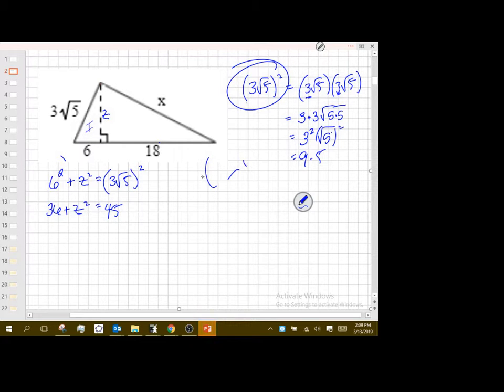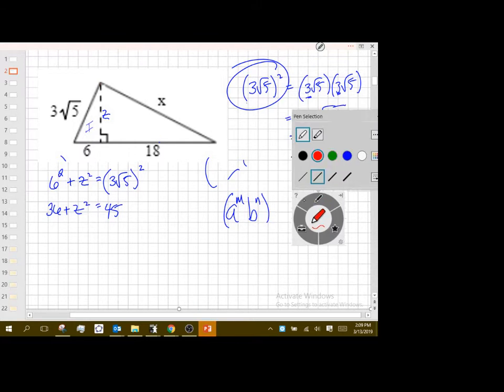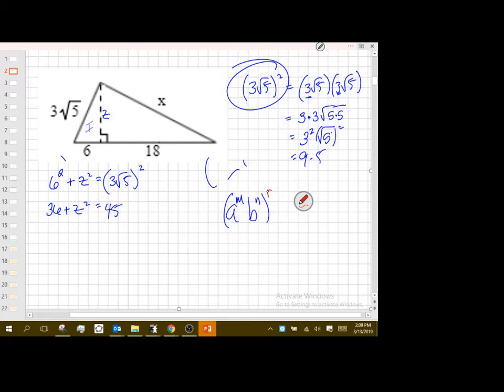The rule you learned last year would have looked like this: a to the m times b to the n. Now, if you didn't remember this from last year, I taught you this year. Okay, so let's say I put r up here. This would be something like 3 to the first times radical 5 to the first, all squared.